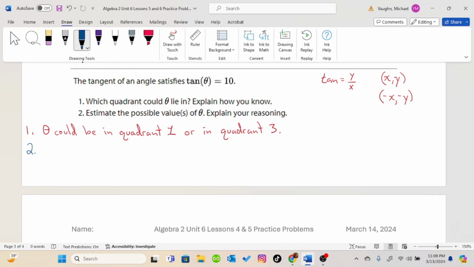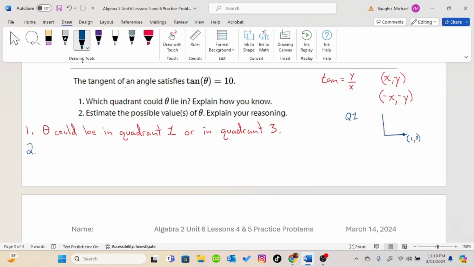So if you think about it, quadrant 1 is in the upper right. On the bottom of it, x is 1 and y is 0. And we can't be at that point because 0 divided by 1 would just be 0.